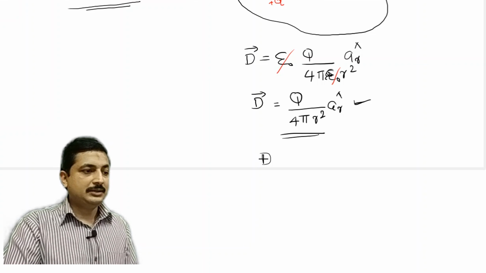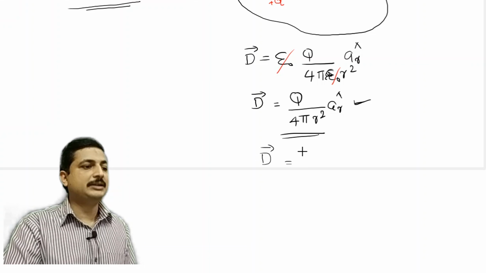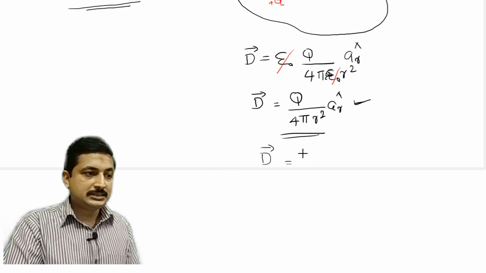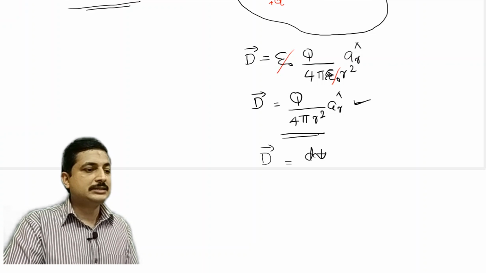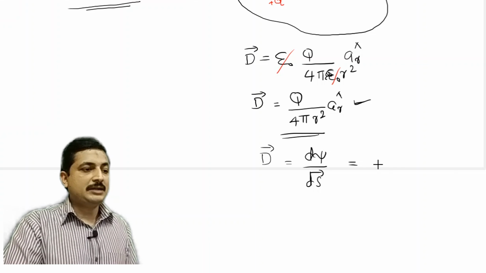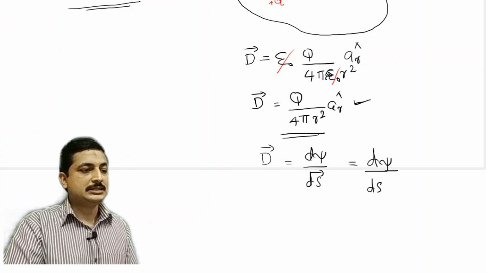By definition, D vector is psi by s. For small area, it is nothing but d psi by ds vector. We have also seen that ds vector can be written as ds A N cap.